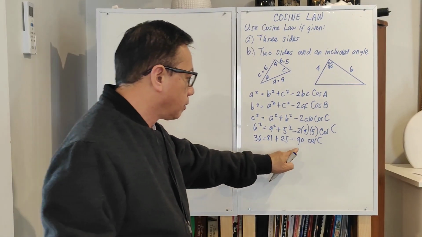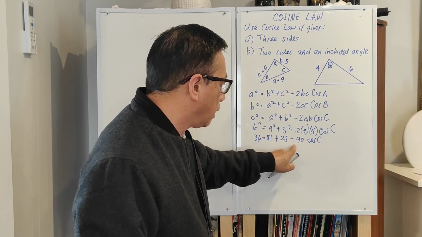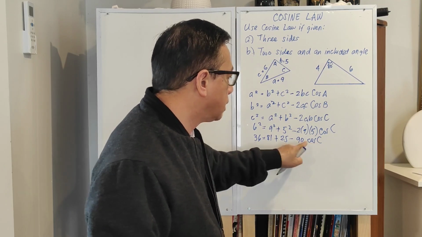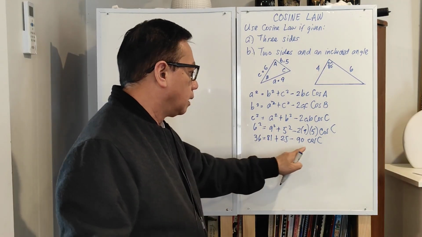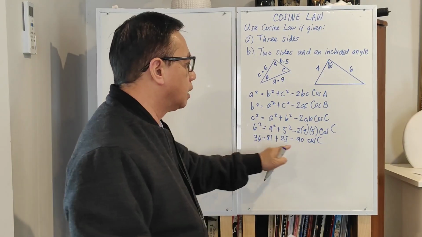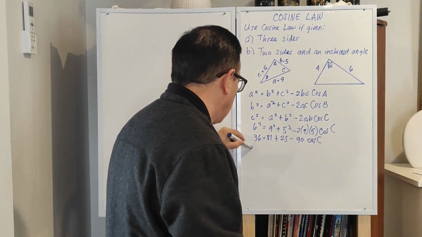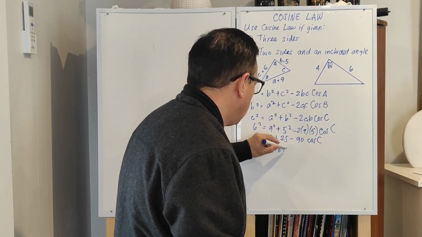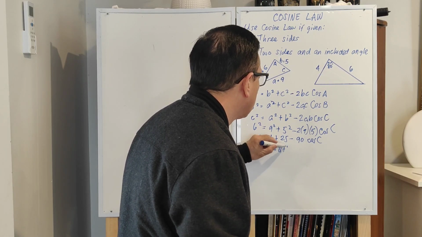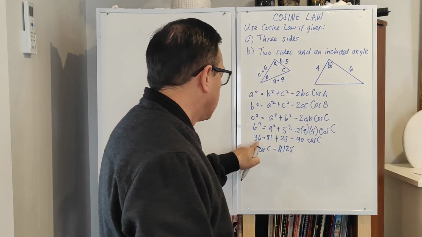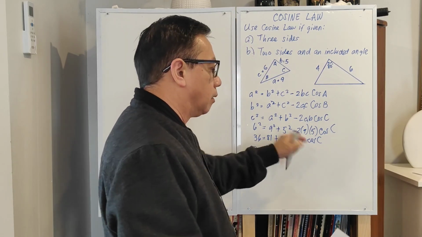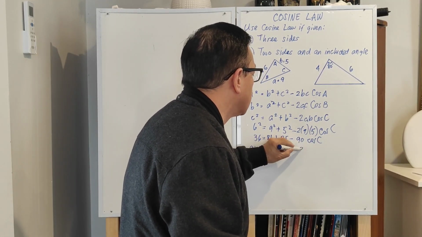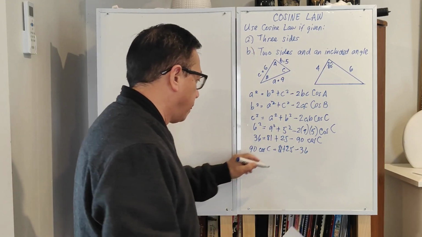So if we add 90 cosine C on both sides, this will go to the other side and become positive. So let's say 90 cosine C is equal to 81 plus 25. So 36 subtract on both sides will become negative 36 on the right side.